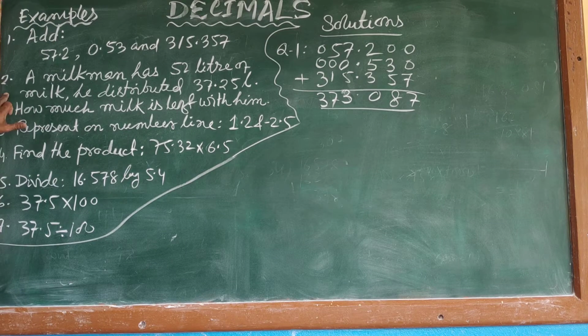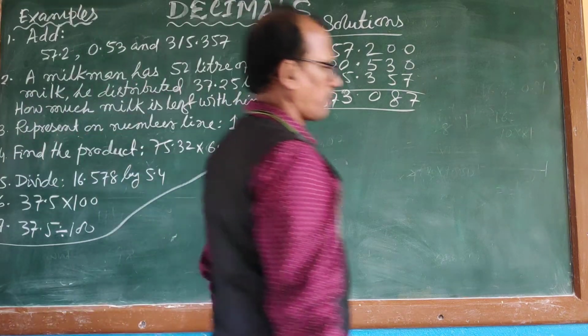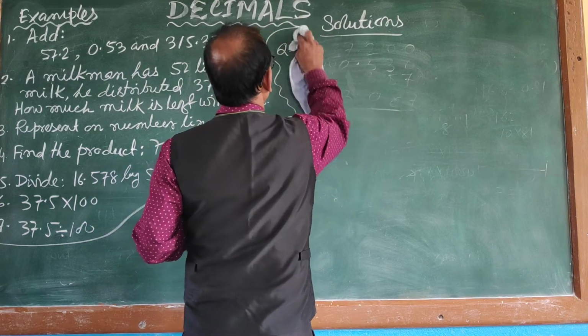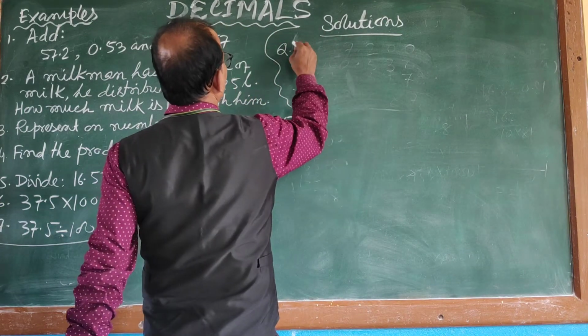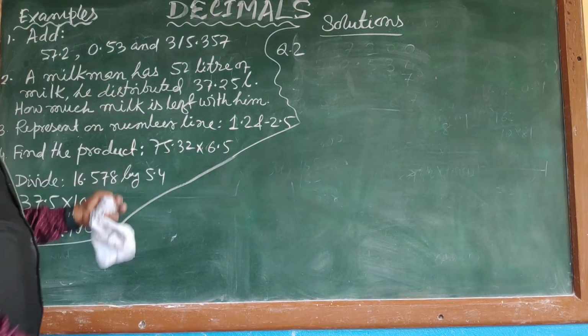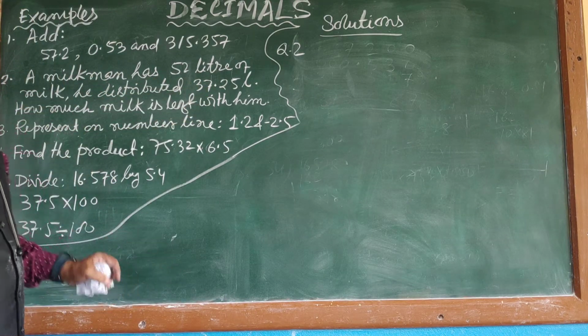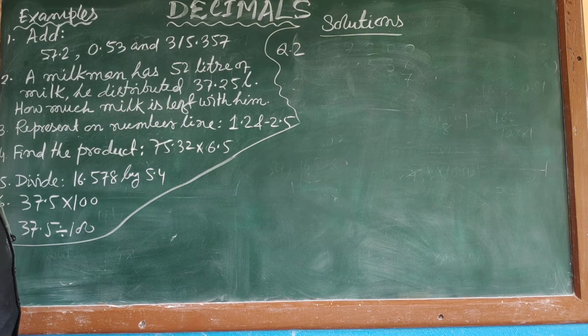Now I have taken a second example, a word problem. I will just solve the word problem. See, the word problem says that a milkman has 52 liters of milk with him initially. Then he distributed 37.25 liters of milk, and now how much is left with him?